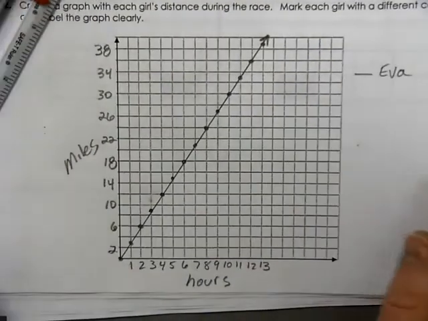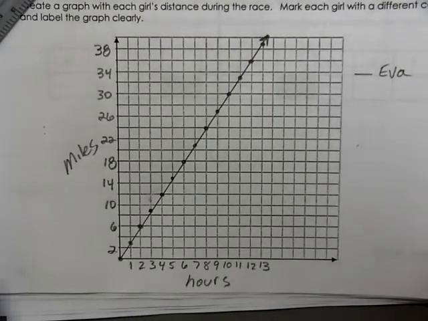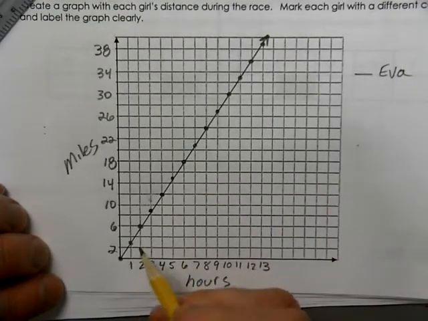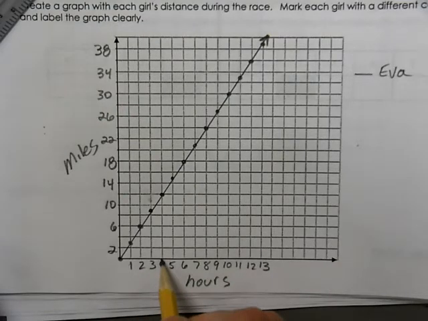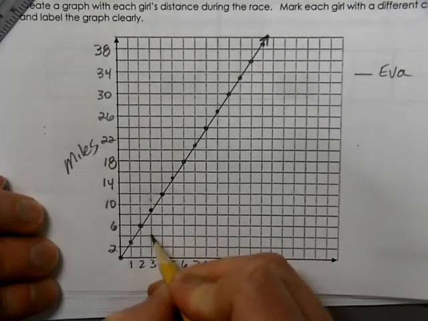Then we're going to plot the points for Olivia. Well, Olivia didn't start until hour 3. She had started 2 hours late. At hour 3, she had gone 4 miles.